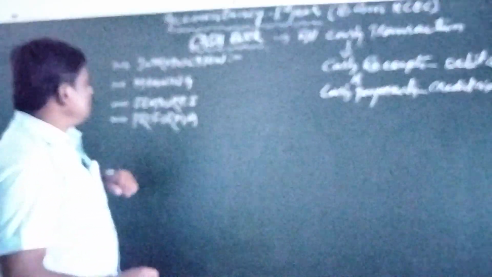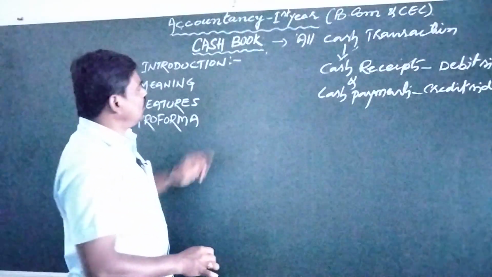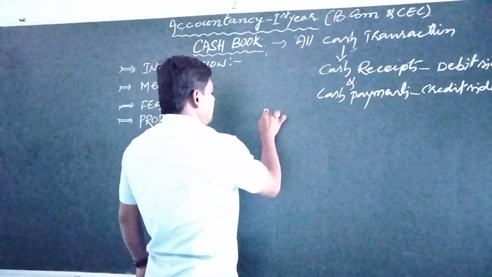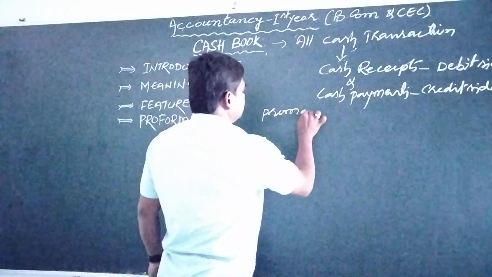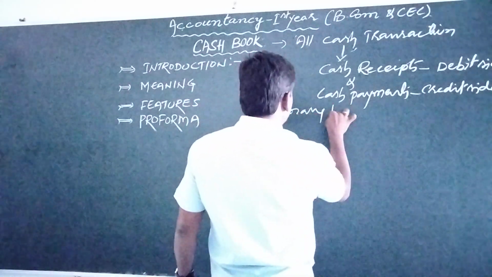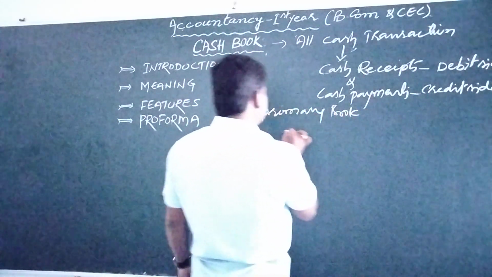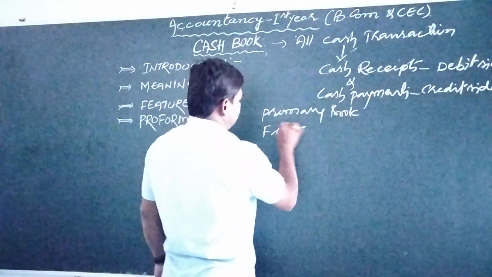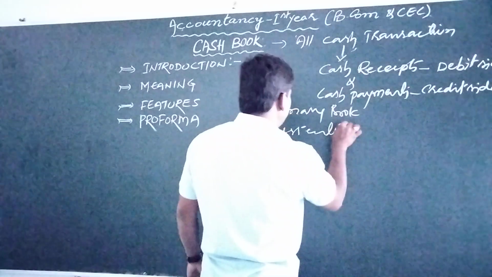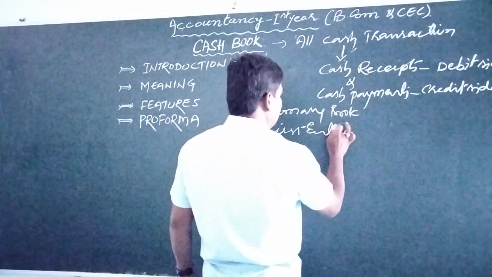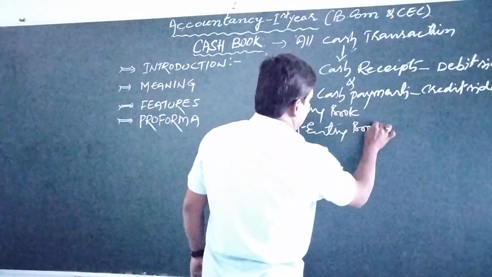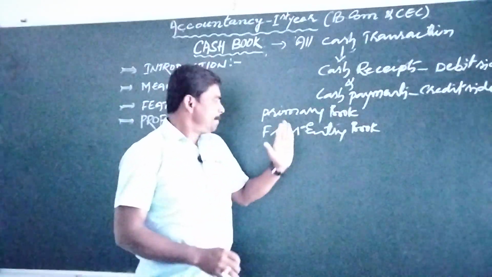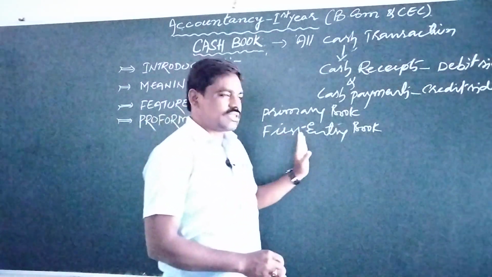Okay, so now understand that this cash book is also called a primary book, or we can say first entry book. Why do we call this book a primary book or first entry book?